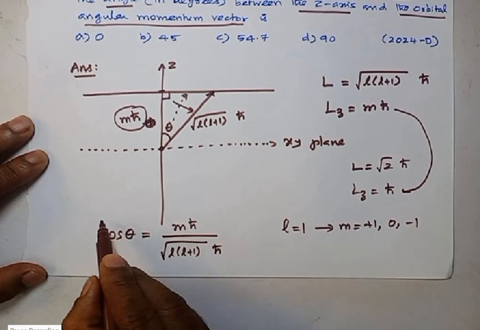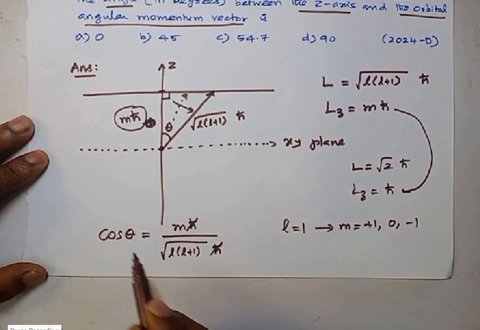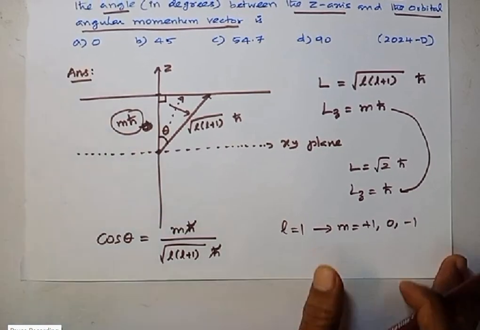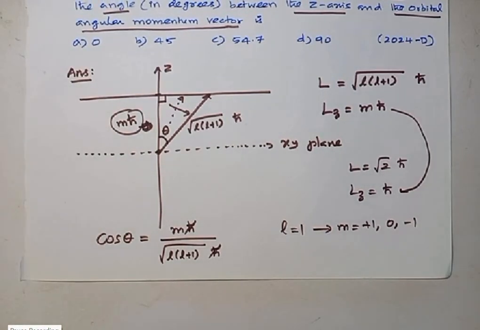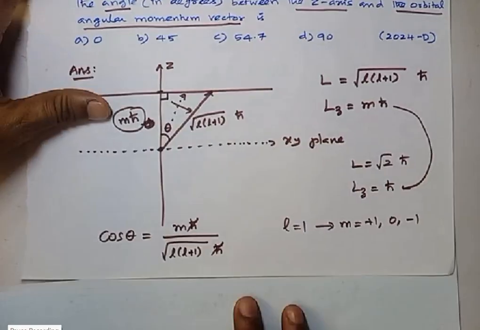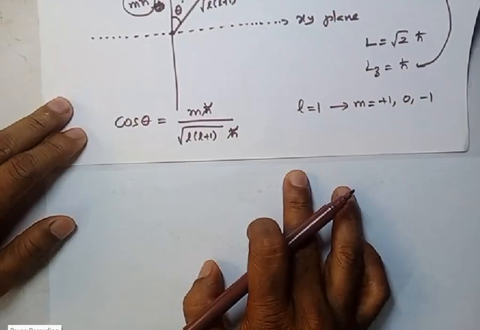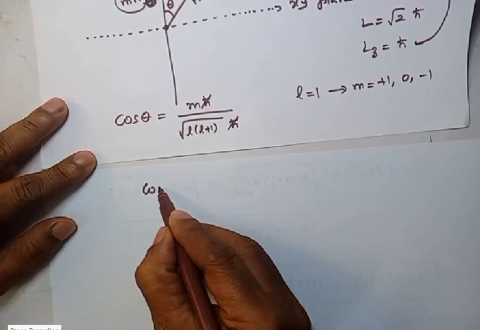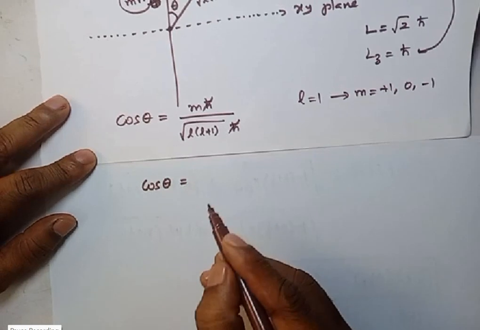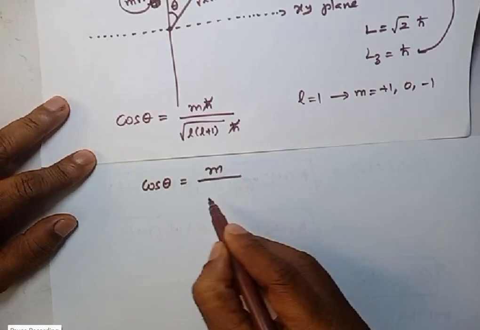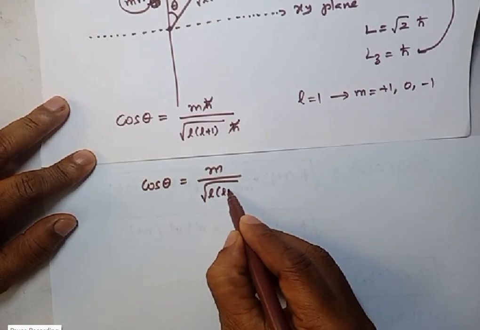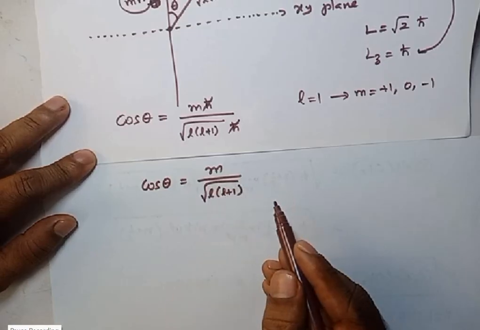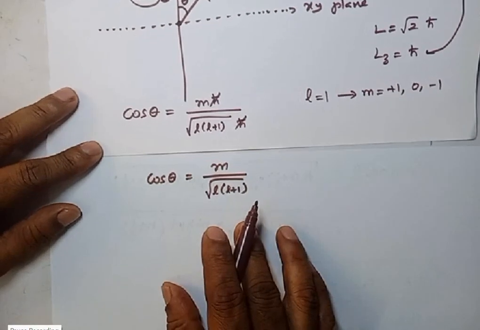The h cross cancels. Therefore, the general formula is cos theta equal to m by square root of L into L plus 1. This formula is applicable for any m value and any L value.